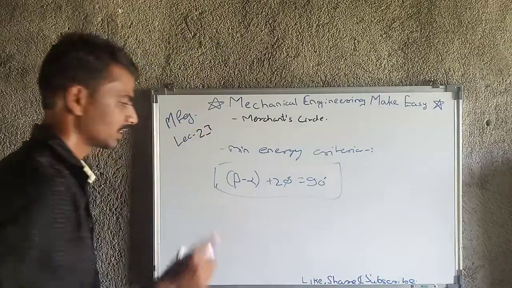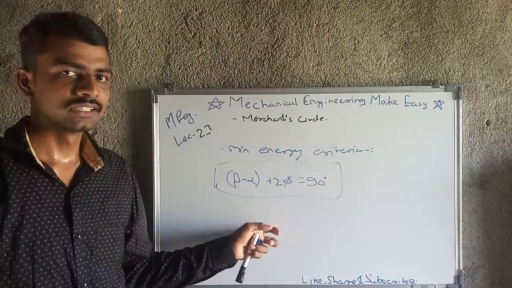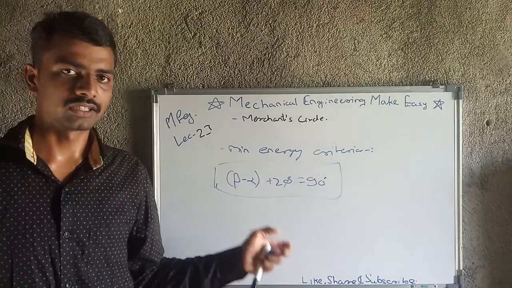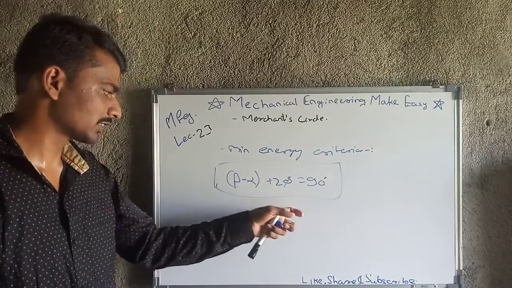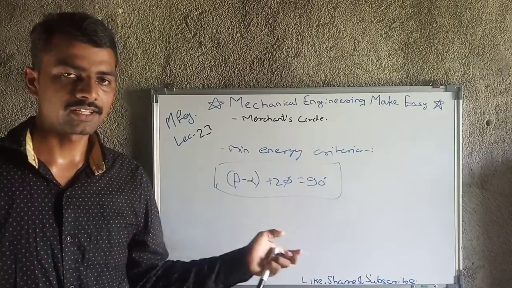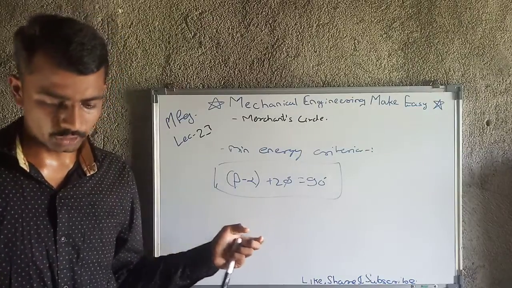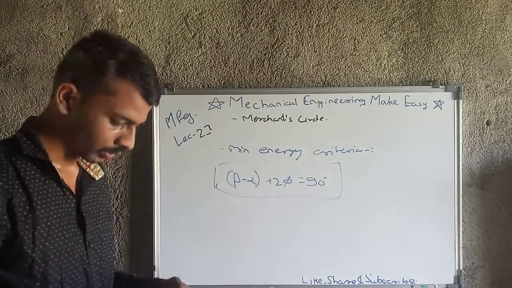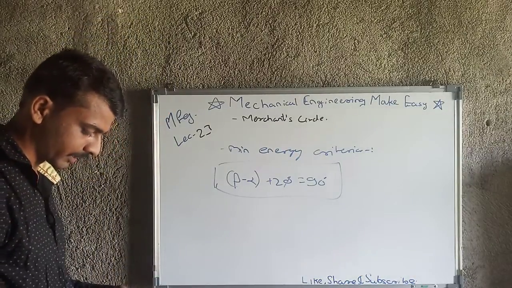So this is the relation. If this relation is satisfied for the conditions we have taken, that is phi, alpha, and beta, then the energy required will be minimum for that operation. So this is the minimum energy criteria.